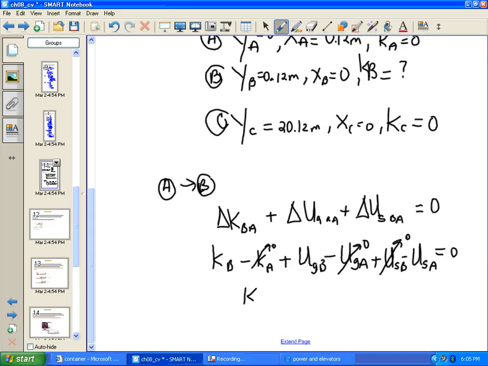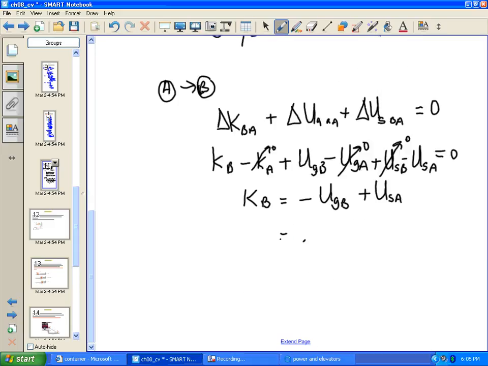So we've got K_B is equal to minus U_G sub B plus U_S sub A. In other words, minus m g y sub B plus 1/2 k x sub A squared.